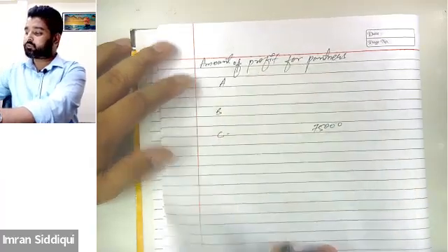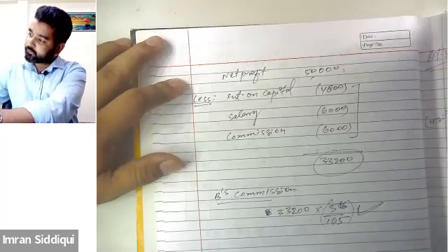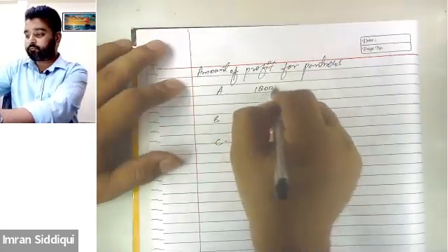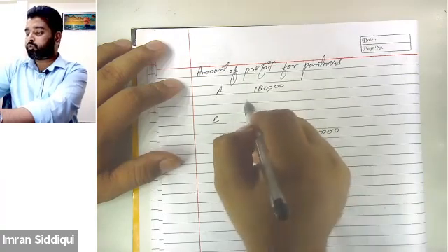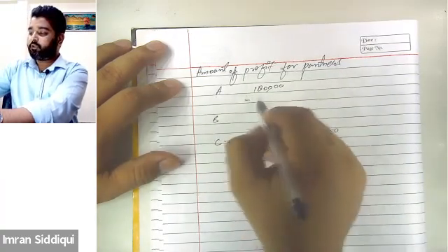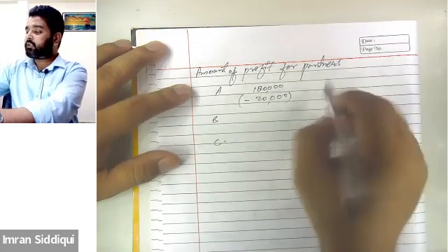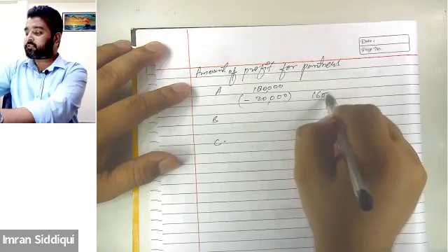Earlier, A was getting a profit of 1,80,000, but he will have to compensate toward the deficiency of C, 20,000. Therefore, his total share in the profit will be only 1,60,000.